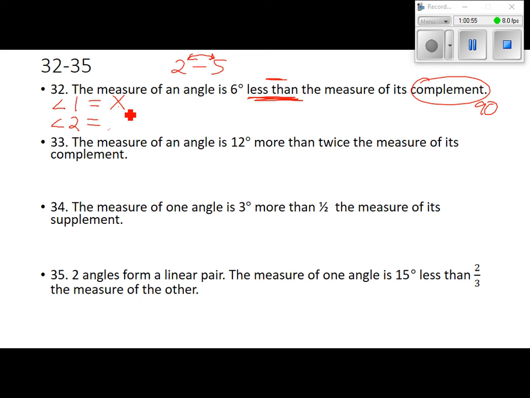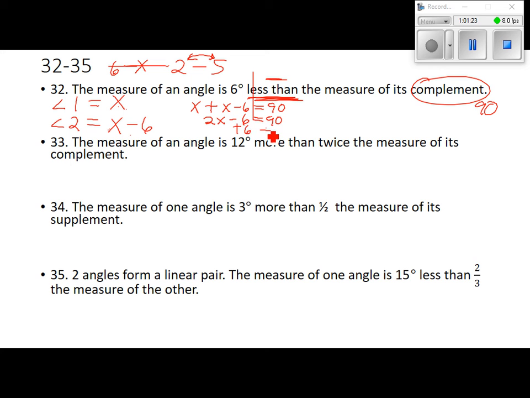So if it's 6 less than its complement, it's not going to be 6 minus x. That's wrong. It's going to be x minus 6 for this angle. Then we set up the equation. x plus the other angle, which is x minus 6, should equal 90. x and x give us 2x minus 6 equals 90.